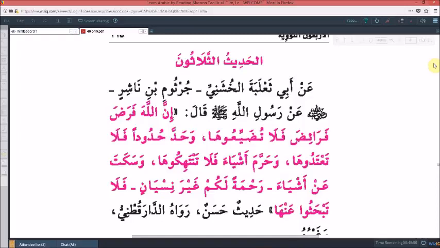He says عن أبي. Abu became Abi after An. Abi Tha'labata. Abu Tha'laba is mudaf ilay.